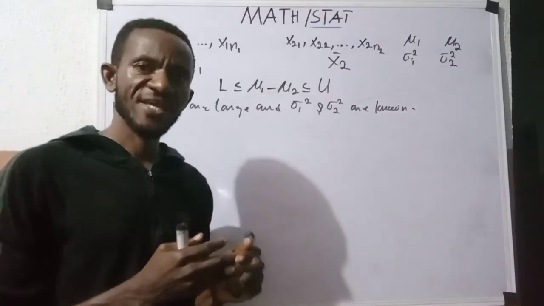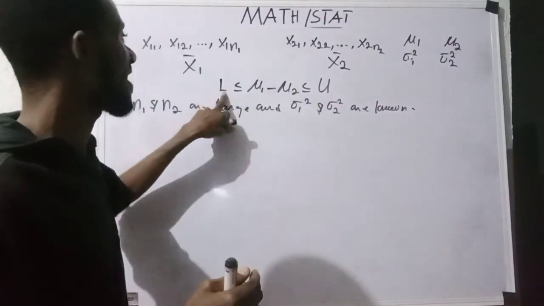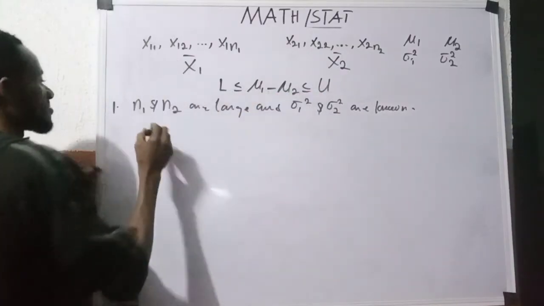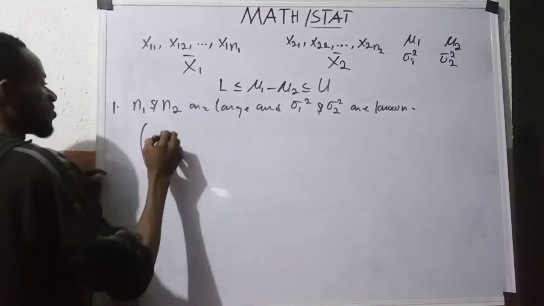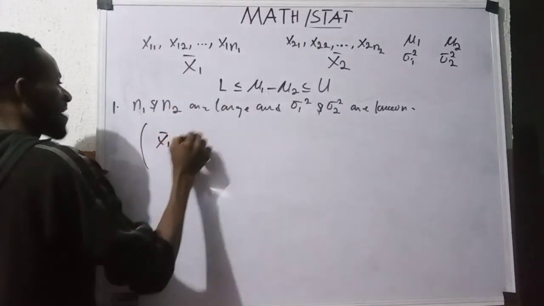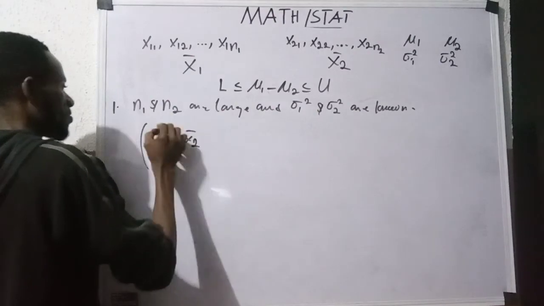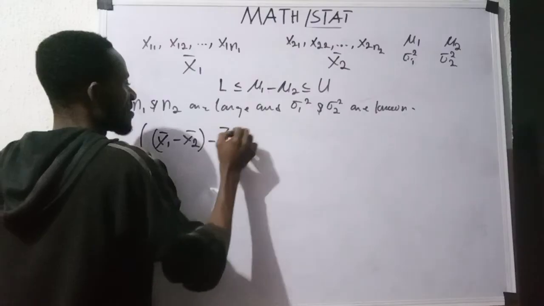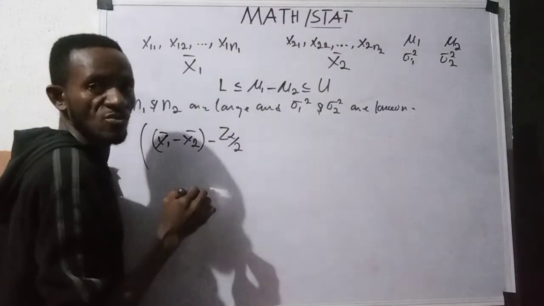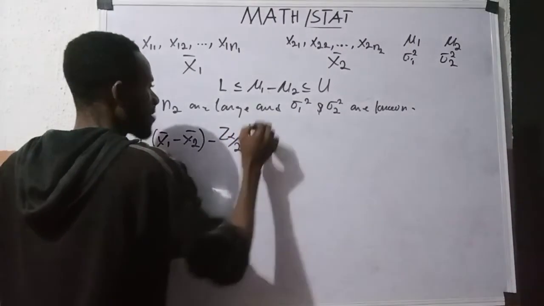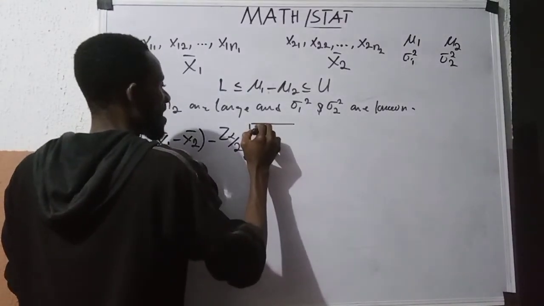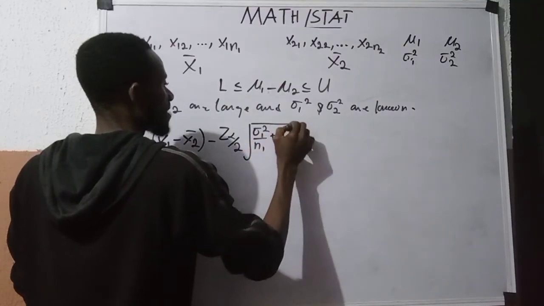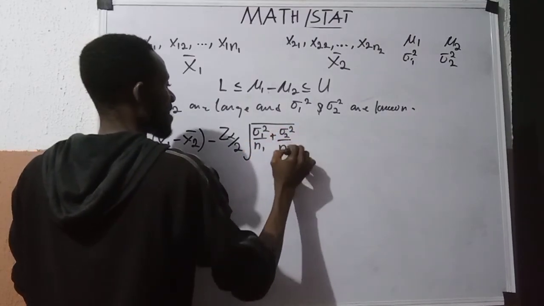What is the value of my L and my U? The value of my L in this case is x bar 1 minus x bar 2, open a bracket and close it, minus z of alpha over 2, times the square root of sigma 1 squared over n1 plus sigma 2 squared over n2.